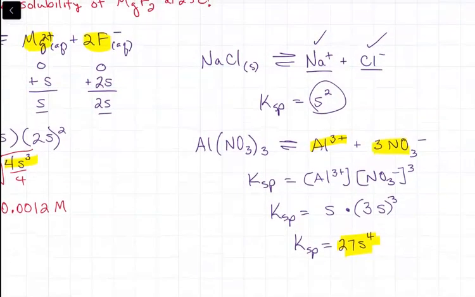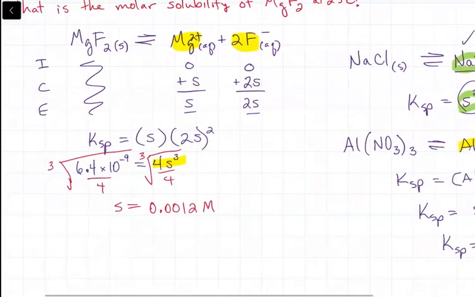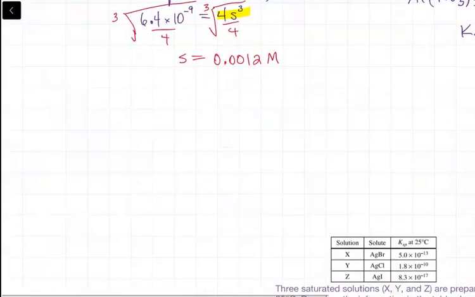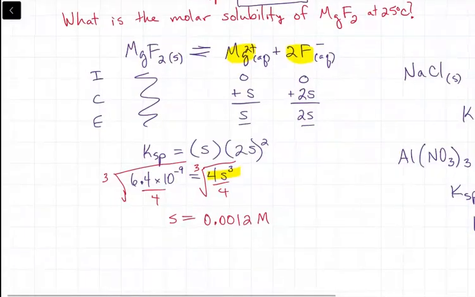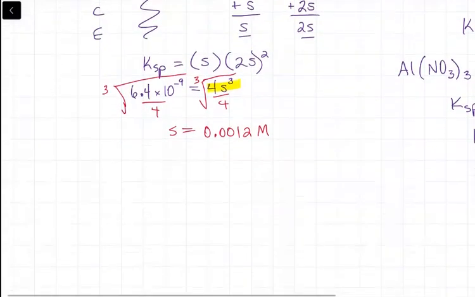If we have 2 ions, like we did with sodium chloride, then we end up with this S squared situation. If we have 4, we have 27S to the 4th. If we have 3, we have 4S cubed. If they have the same number of ions, like magnesium fluoride compared to calcium chloride or something else that has 3 ions, it is actually pretty predictable, okay?